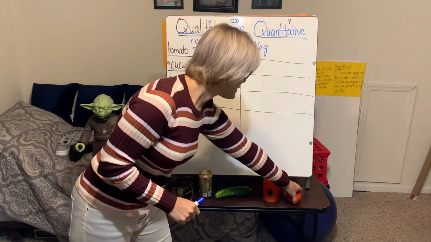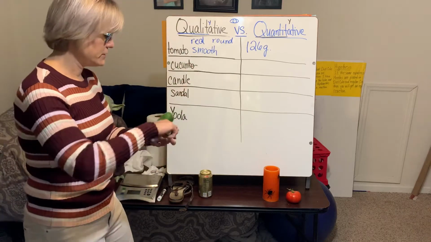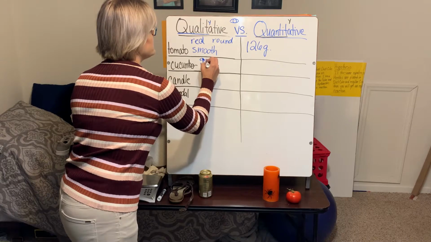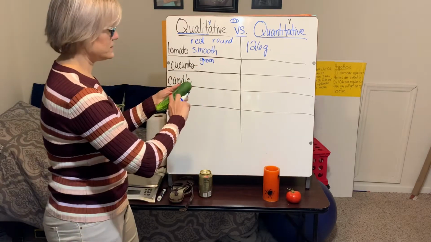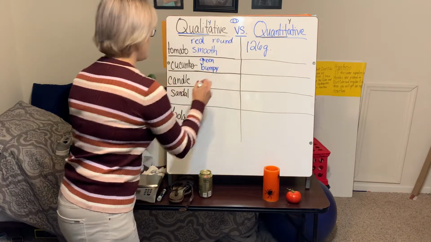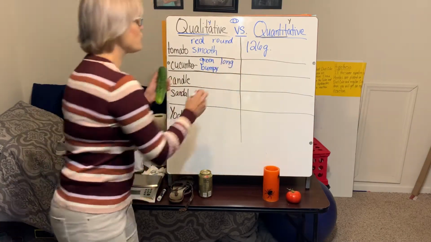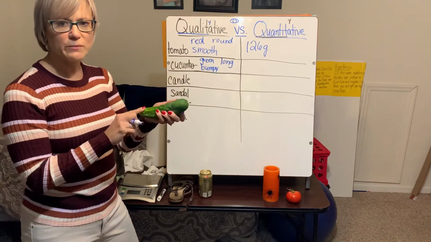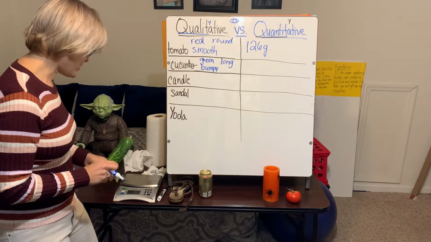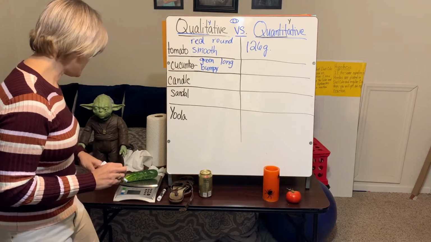Okay, all right. So let's move on to something else from my garden, my cucumber. All right, I have a cucumber that is green. It is bumpy. And it is long. So those are all qualitative observations about my cucumber. Now, I can go ahead and zero my scale and put it on my scale and measure it.